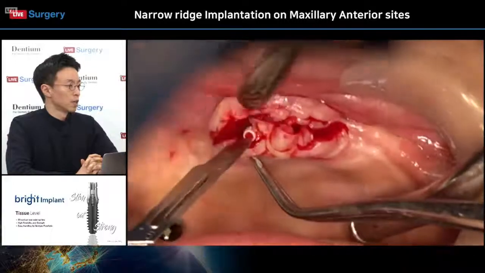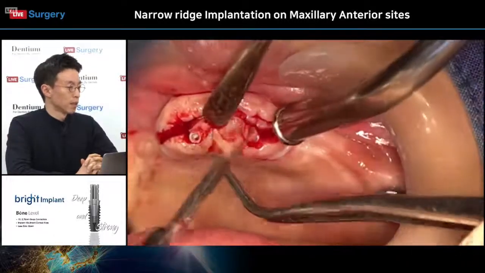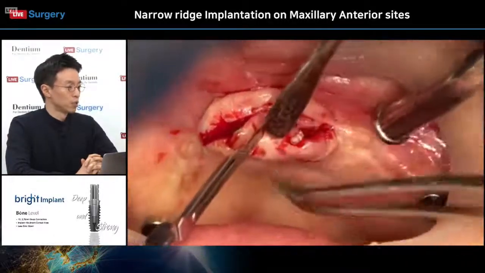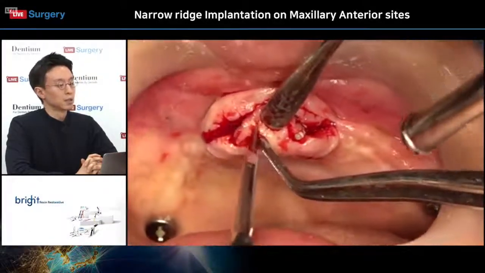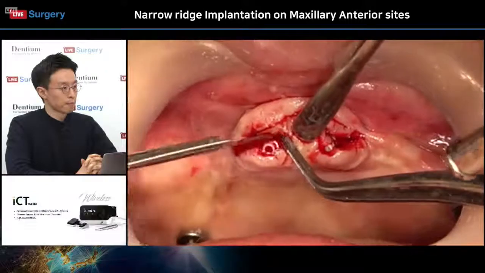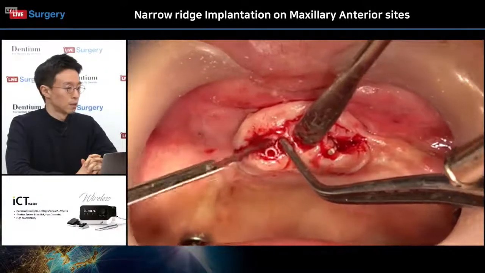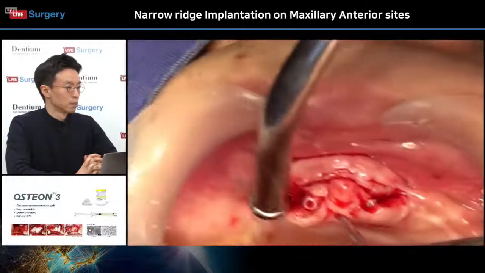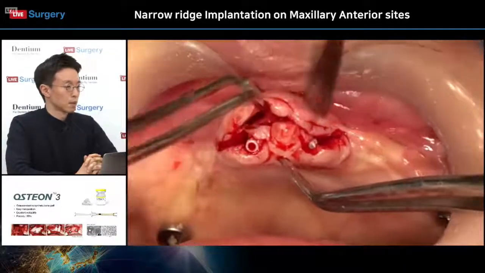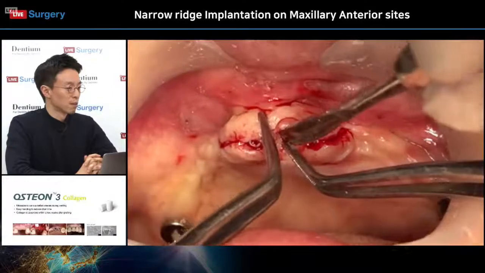He is cutting the palatal side gingiva and rotating the gingiva toward the major side at both implants. This is modification of the pouch flap.